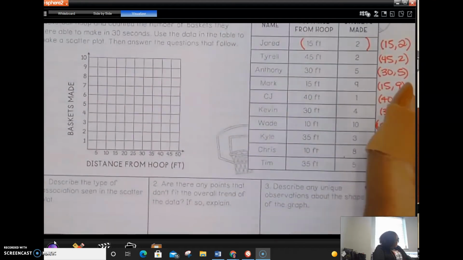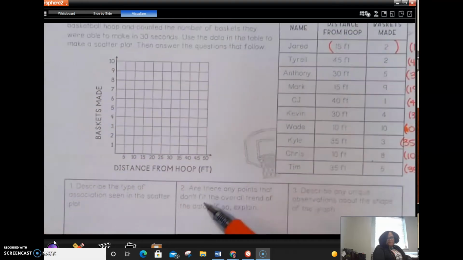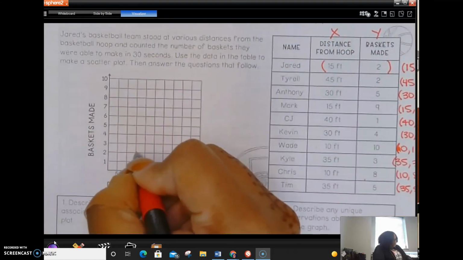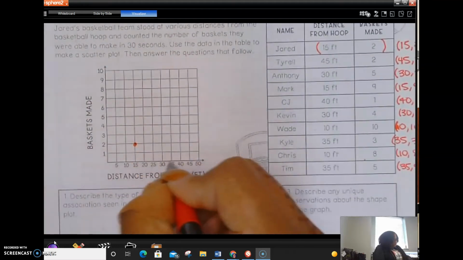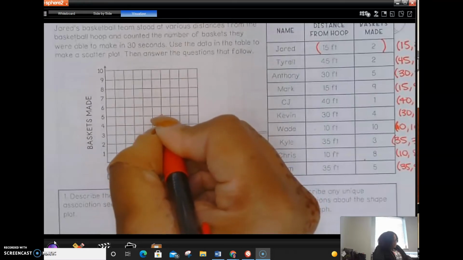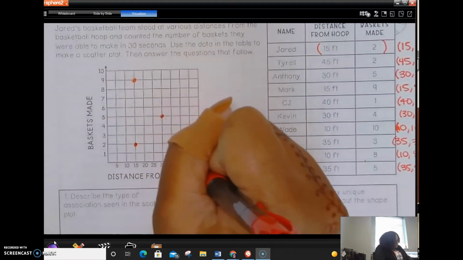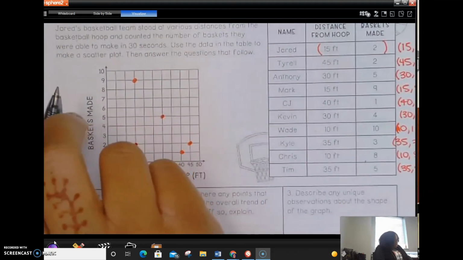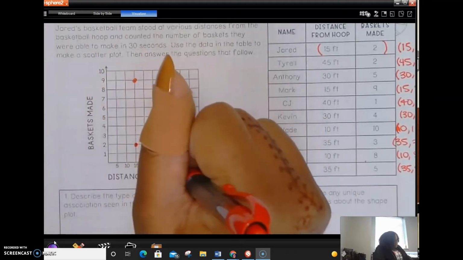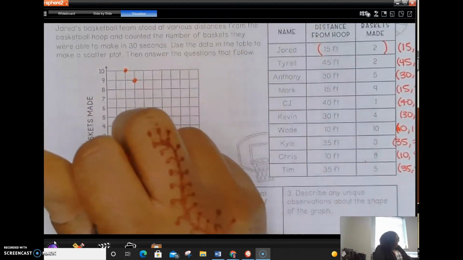And now I'm going to put these points, this should be a 10, put these points in my graph here. So I'm going to run 15, then jump 2. So 15, 2. 45, 2. 35. 15, 9. 41. 34. 10, 10. 35, 4.